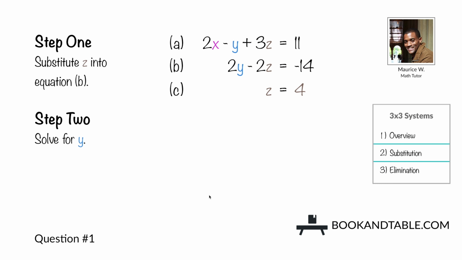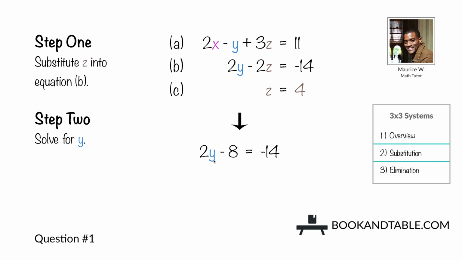Question number 1, step 1, substitute z into equation B here, and then step 2, solve for y. So when we plug in 4 for z here, we wind up with 2y minus 2 times 4 is equal to negative 14. Negative 2 times 4 is equal to negative 8.